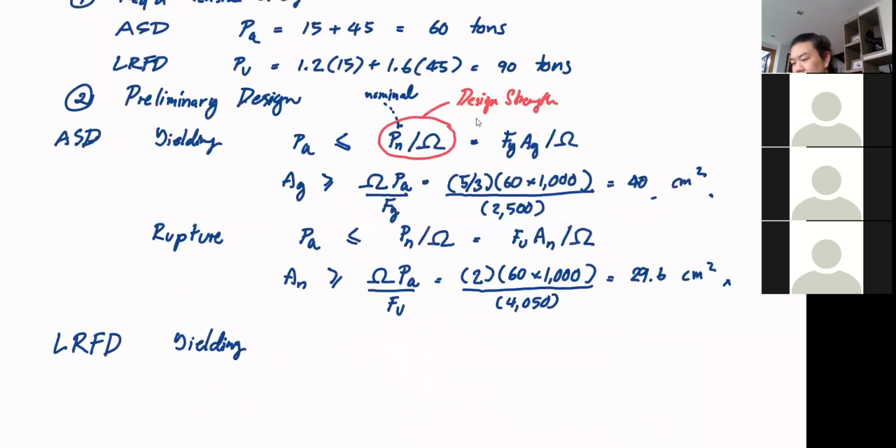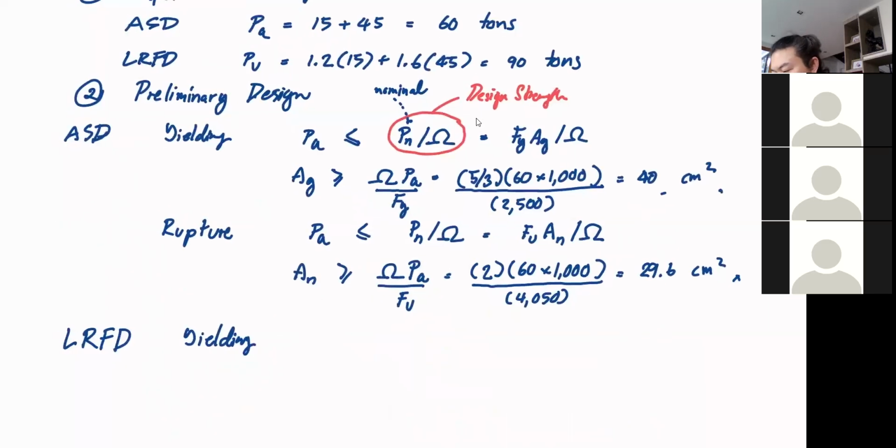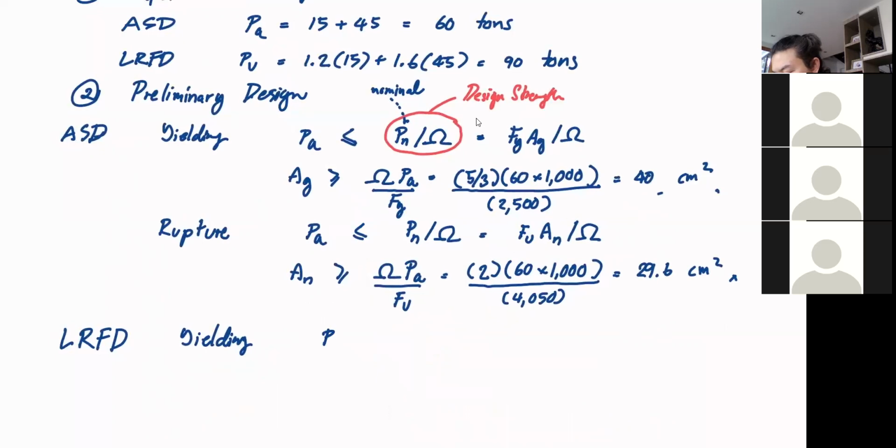So for yielding, now it becomes Pu, which cannot be greater than the design strength, phi Pn. Pn is nominal again, and this entire thing, phi Pn, is of course the design strength.